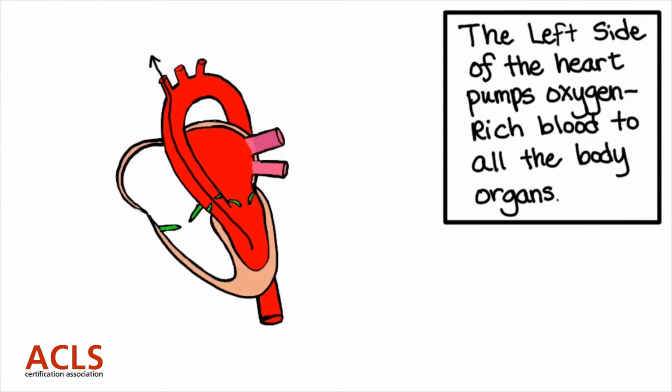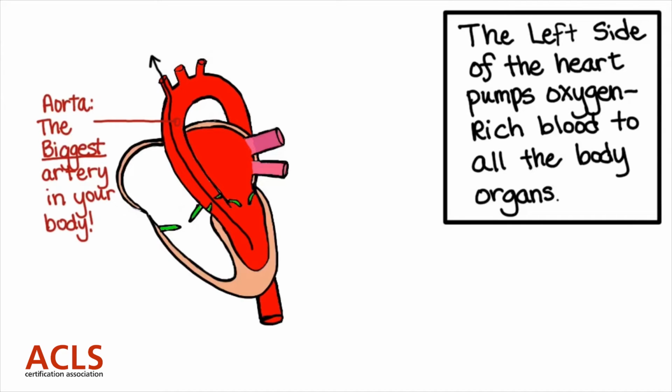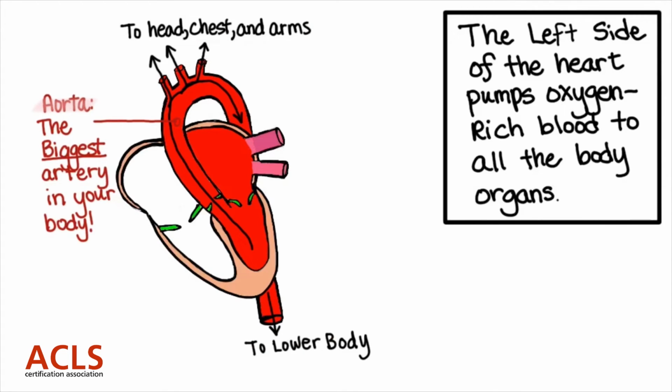Blood is pumped up and out from the left ventricle via the largest blood vessel in your body, the aorta. This is the biggest artery in your body as well. This oxygenated blood is sent to the head, the chest, and the arms, and also down to the lower body.